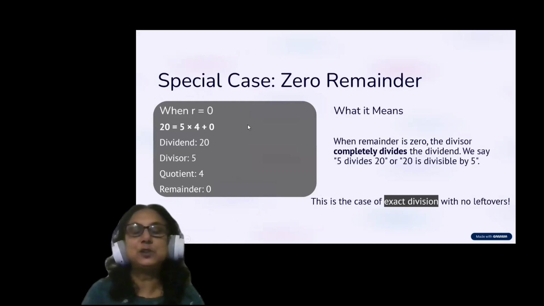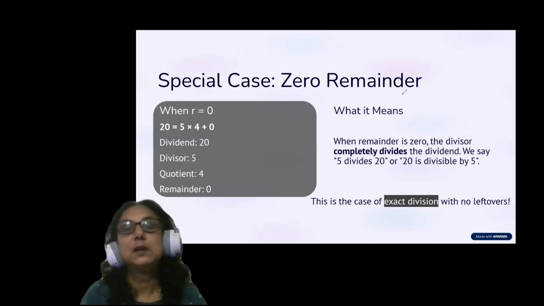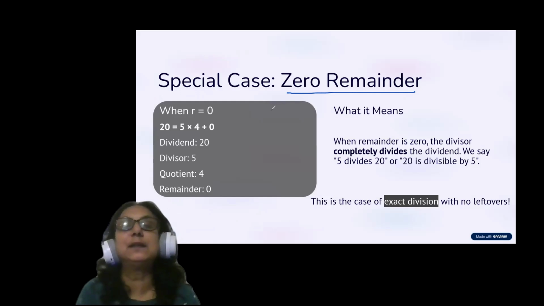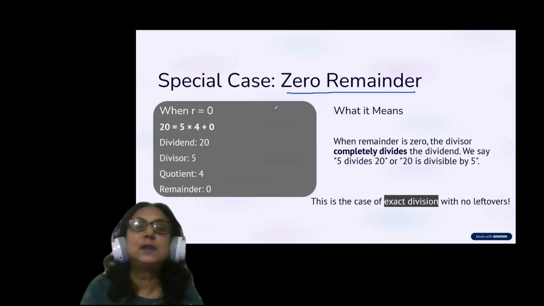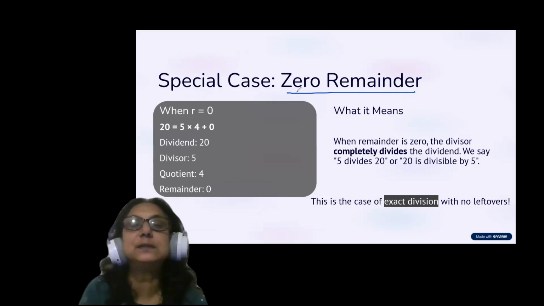There is a special case, the zero remainder. In the previous example there was some remainder left over, but sometimes the number is completely divided by the divisor and the remainder is 0.